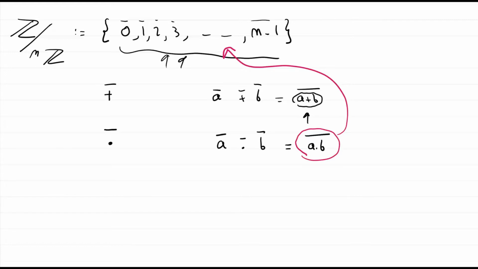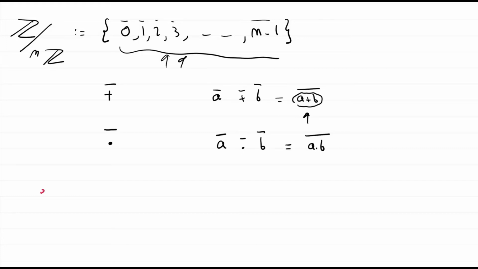And I subtract n enough times to fall on an element between 0 and n minus 1. It's the same as saying I just divide a times b by n and I take the remainder. And a times b modulo n is the same as the remainder modulo n.